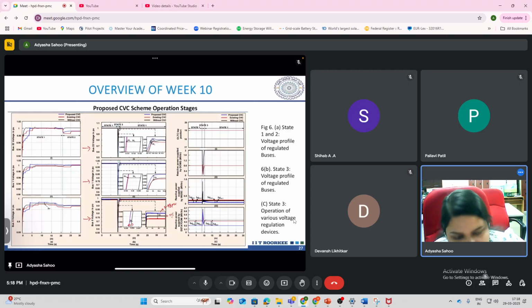So using the coordinated CVC, we can improve the voltage further. And here it implies that the control is introduced after some time delay and also quickly.